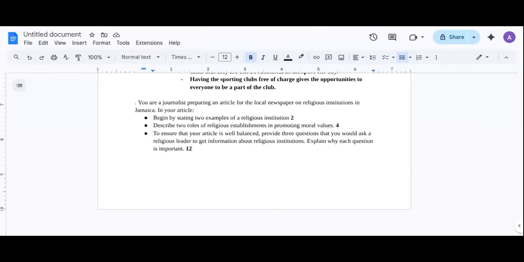To make sure the article is balanced, it is important to ask religious leaders some questions. One question could be, how does your institution help young people learn good values? This is important because it shows how religion affects young people. Another question could be, what challenges do you face when trying to guide people today?